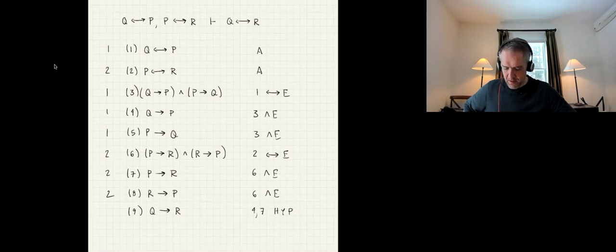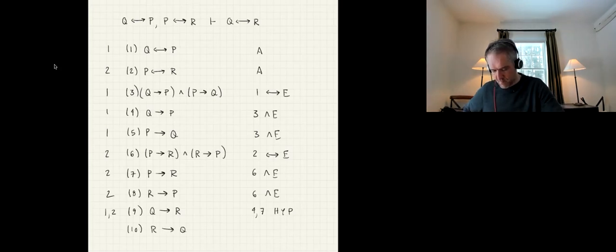So 4, 7, hypothetical syllogism. Now copying the dependencies of those 2, 1, 2. And then 8, R then P, 5, P then Q. So 8, 5, hypothetical syllogism. Again, 1, 2.